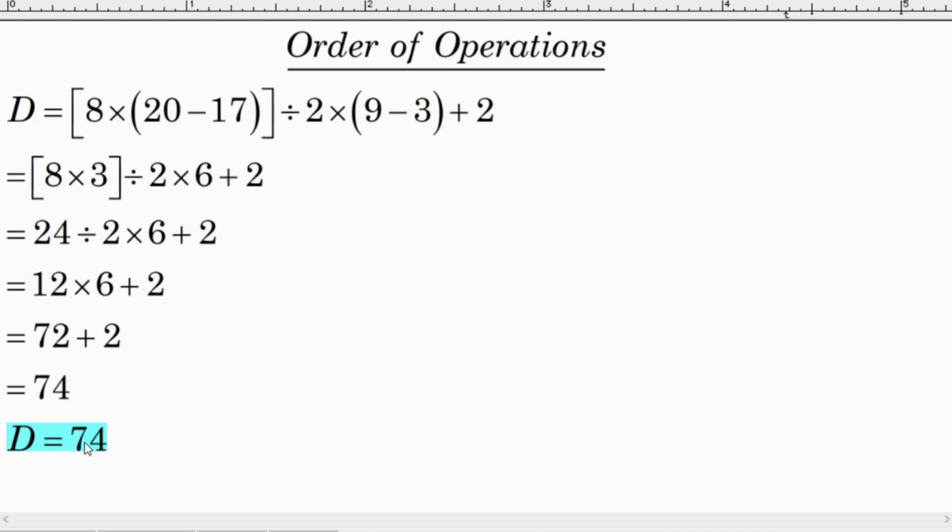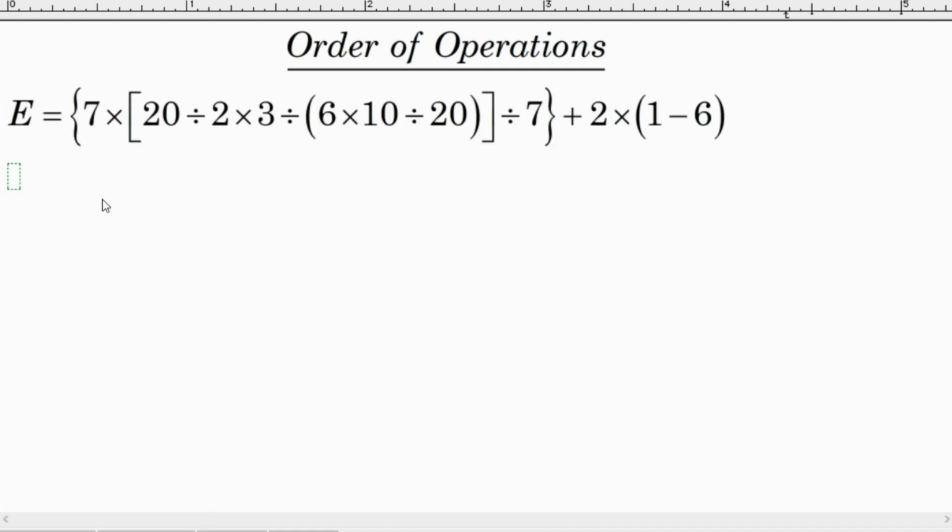Now we're going to solve the last question, which is E. So I'm going to delete this question. So we have E. Okay, question E is a little bit bigger, but when we understand how to solve it step by step, it is not hard for us, right? It is easy.